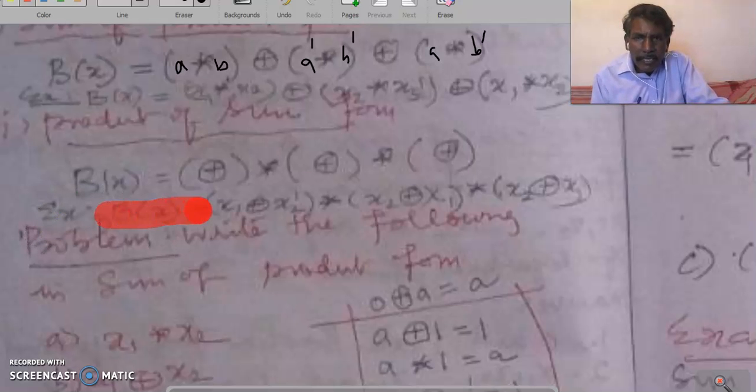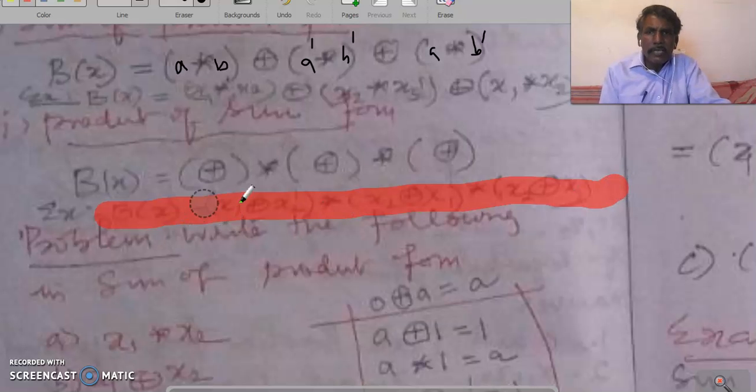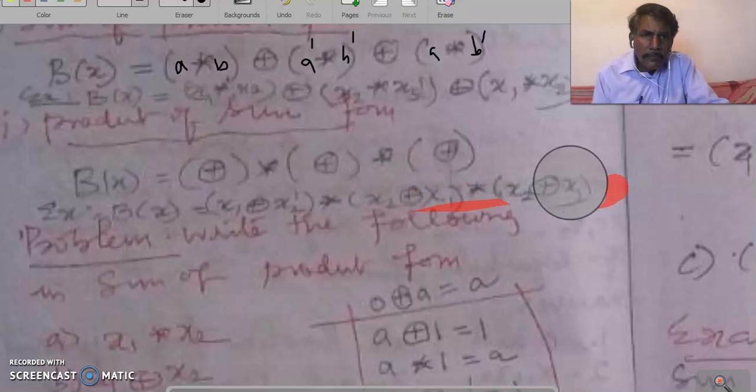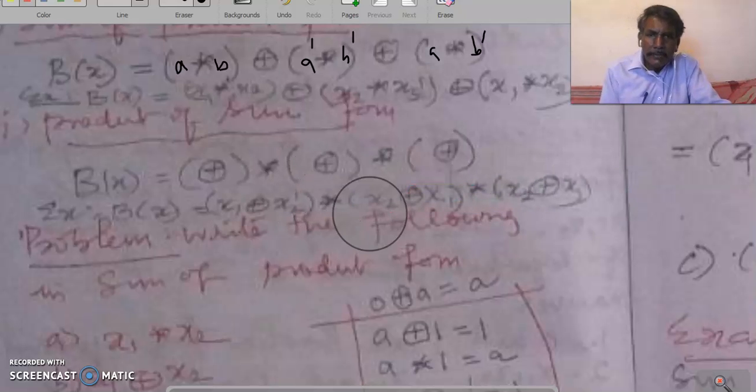B of x equals x1 join x2 complement meet x2 join x1 complement meet x2 join x3. This is a good example for product of sum, that means meet of join. That's what we have to understand.